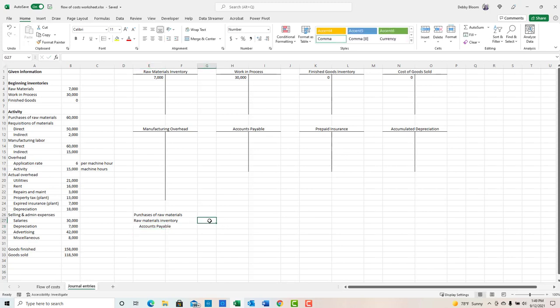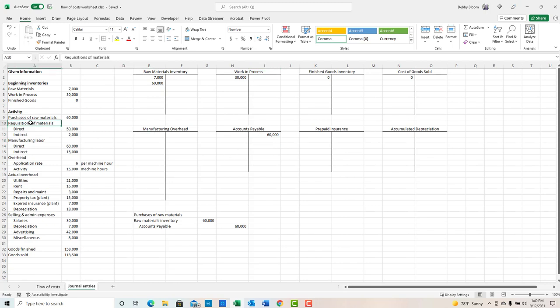That amount was 60,000 and the credit is 60,000. So I'm going to debit my raw materials inventory for 60,000 and credit my accounts payable for 60,000.